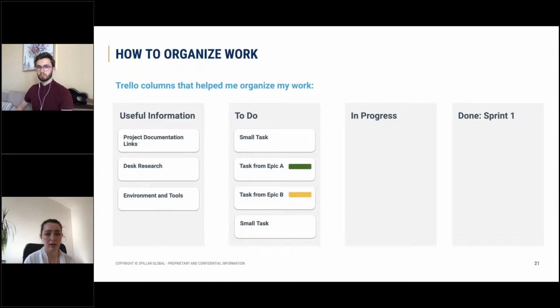Another useful column that I usually put in my Trello is the useful information column, where I put links to documentation, research findings, environments that I need to check.